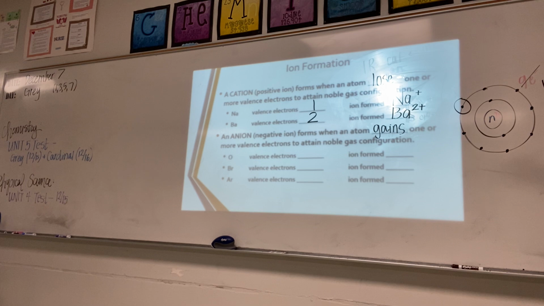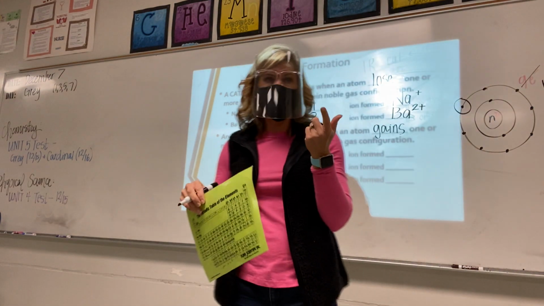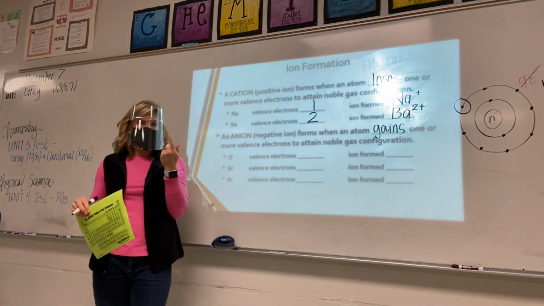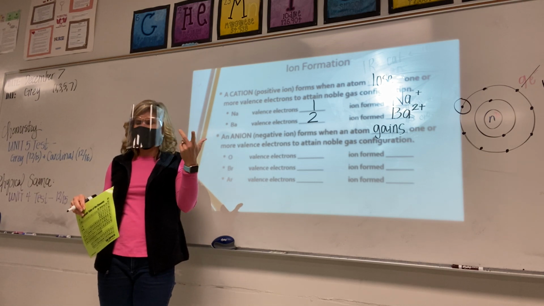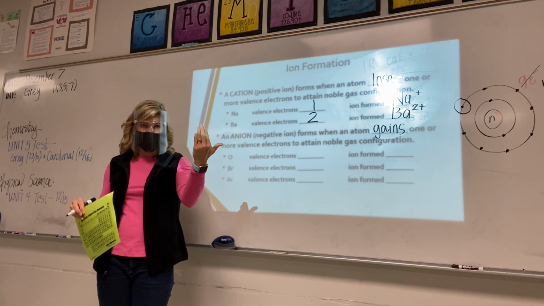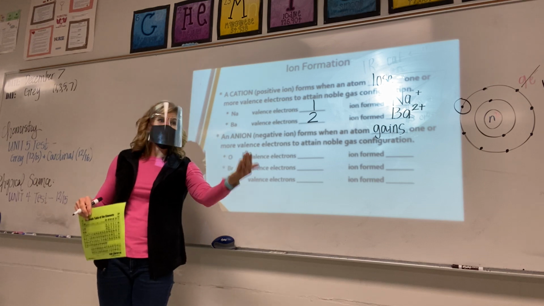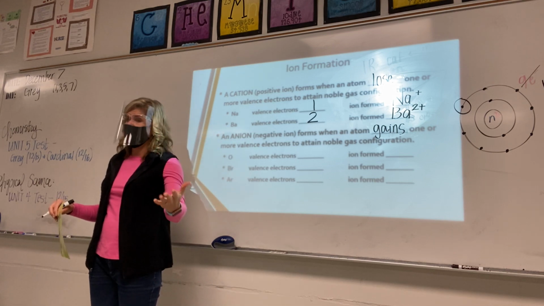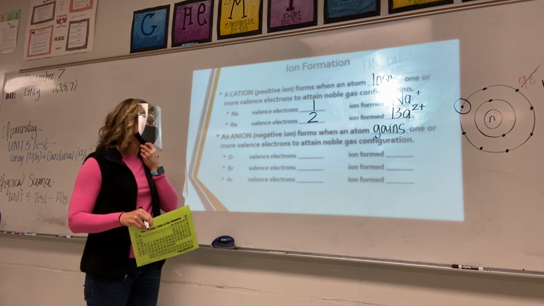So now it has more electrons, giving it a negative 1 charge. See how that works? Like I said, it might be backwards from what you originally think. You say, hey, I'm adding electrons, I should have a positive. No, if you're adding electrons, you're adding more negative charge. That's why you get the negative charged atom.